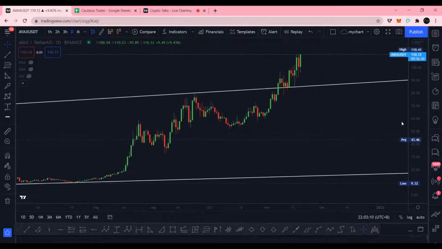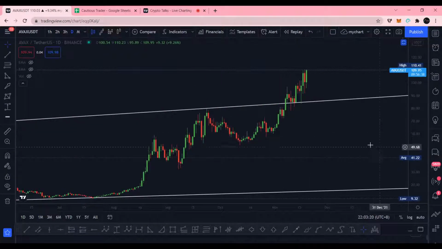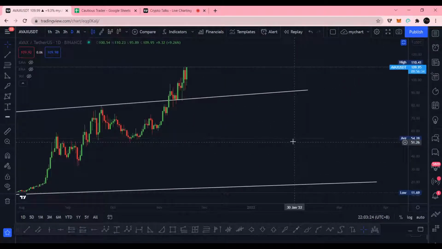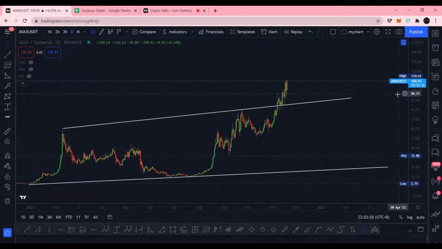It does? I think it does create one. So currently it's at 110 point. No. Might possibly create a new all-time high from here.